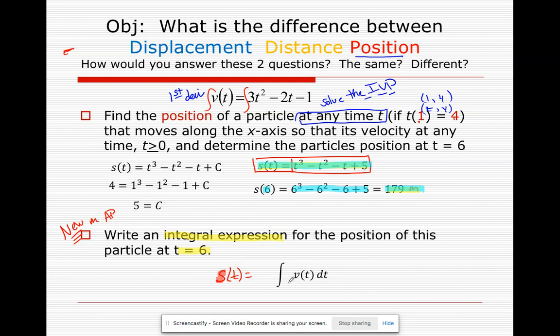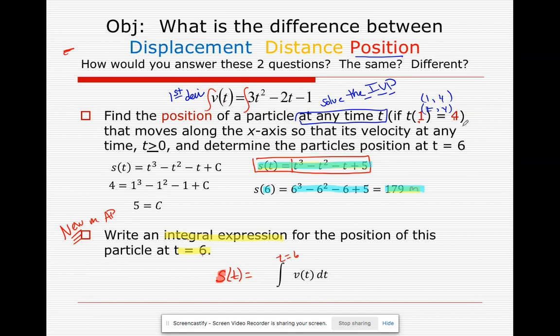So think about this. I want this integral to stop at time 6. Where do you think I want to start it, though? 0? Possible.